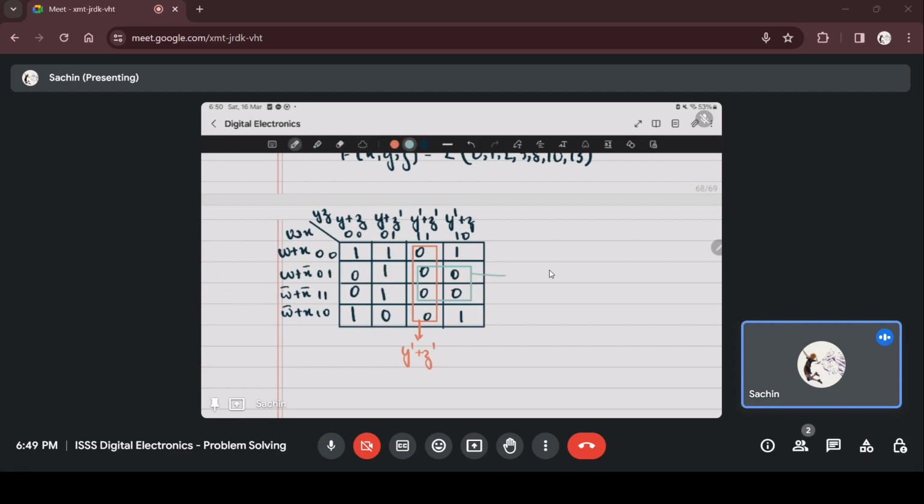So this other quad is x prime plus y prime.